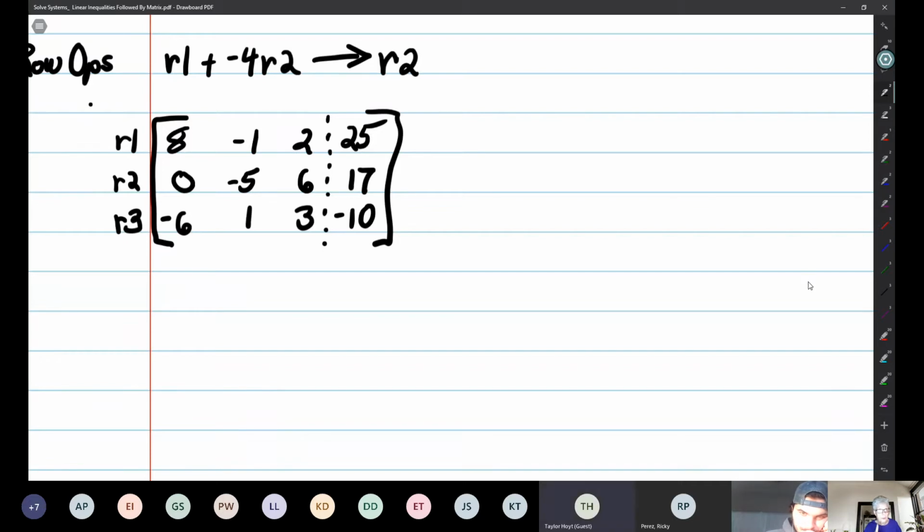So here's my strategy. I'm going to multiply row 1 by 3. That'll give me a positive 24 there. And I'm going to multiply row 3 by 4. That will give me a -24 there. Okay, and again, the other numbers just come along for the ride.